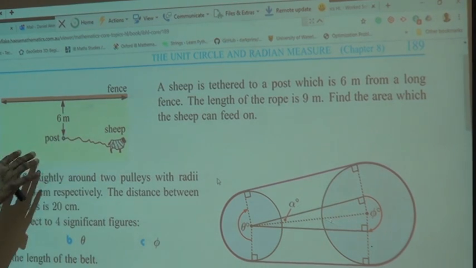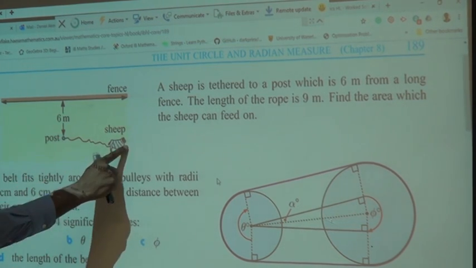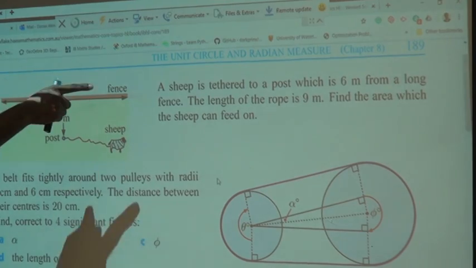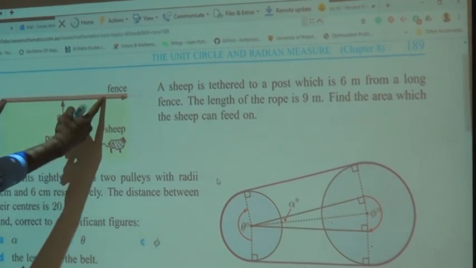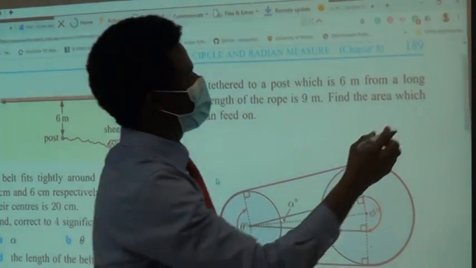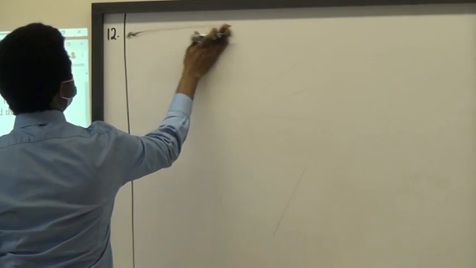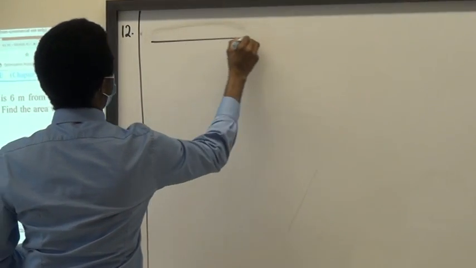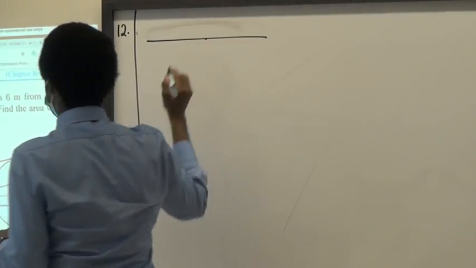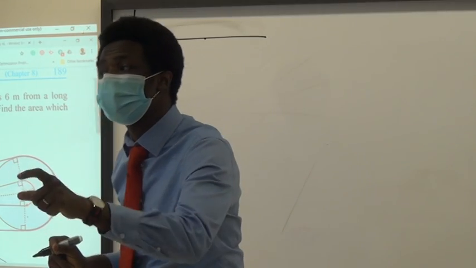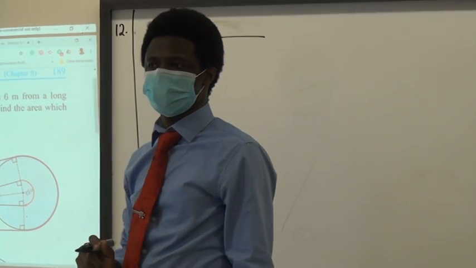So let's say this is grass. The sheep can feed by going in a circular form. But then this is blocked already. So we are looking at a shape that looks like this. This is the fence. So in this case, if I want to do this problem, I take my compass, I draw a circle.